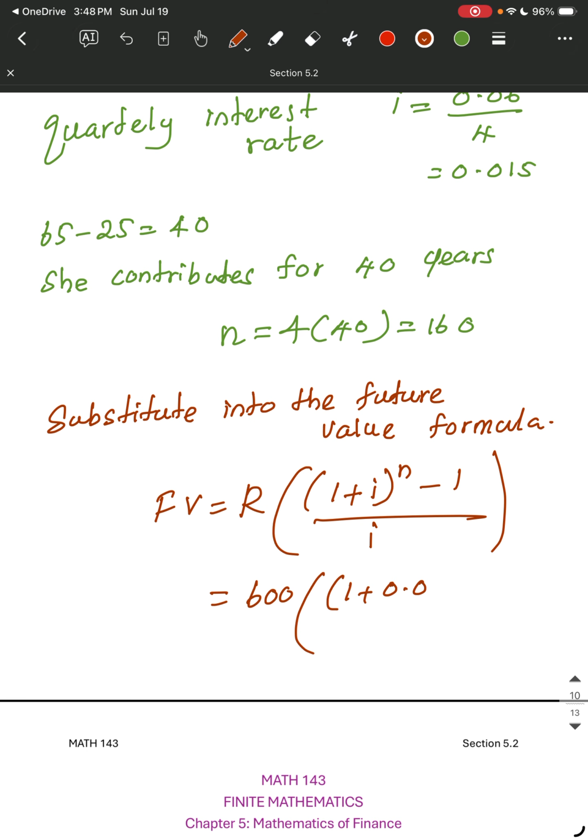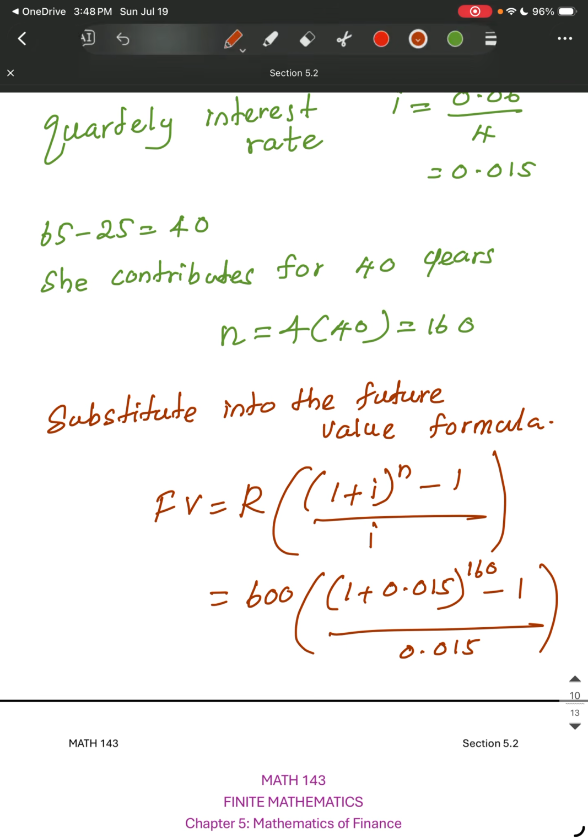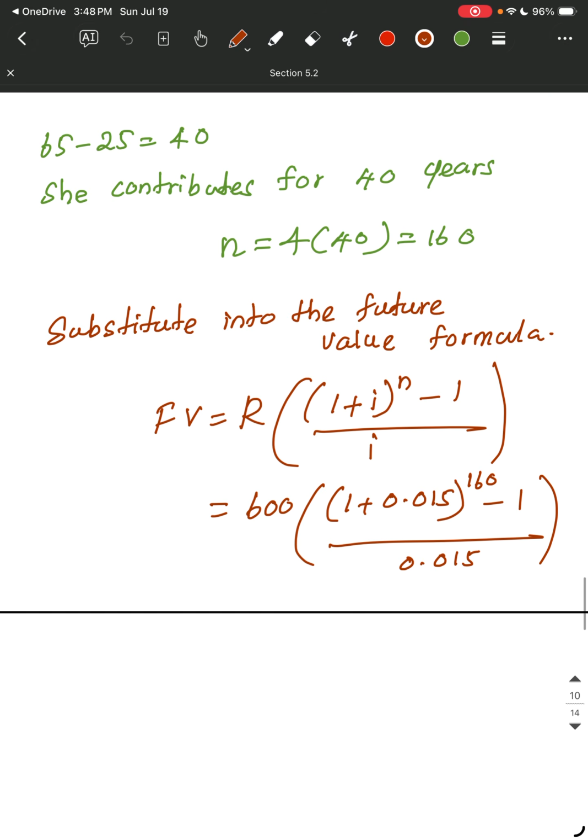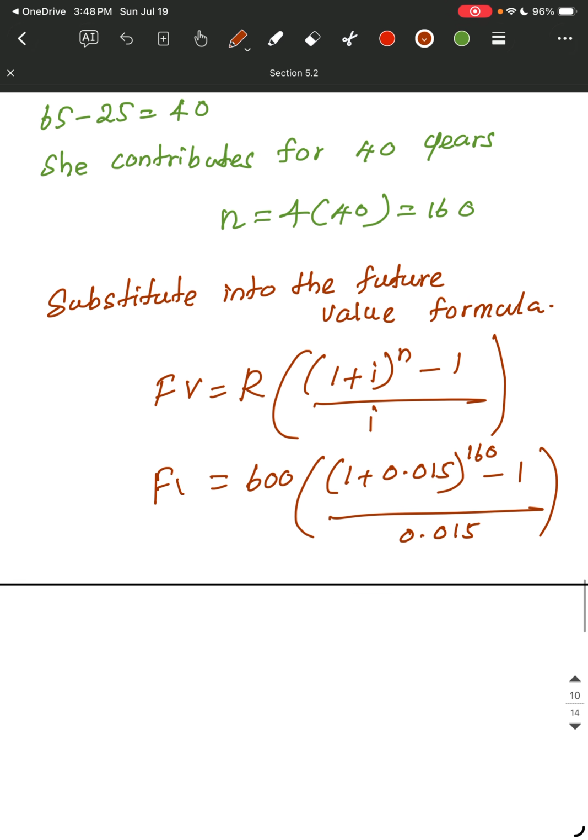Then let's simplify. The future value is 600 times 1.015 to the power 160 minus 1 over 0.015.